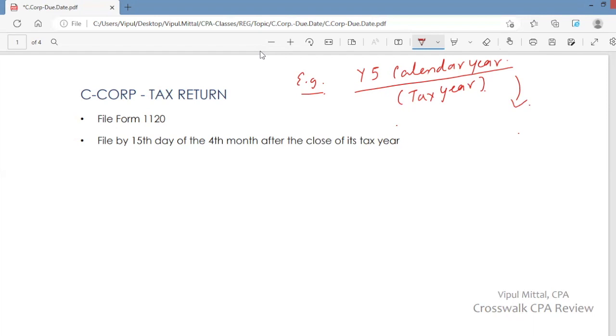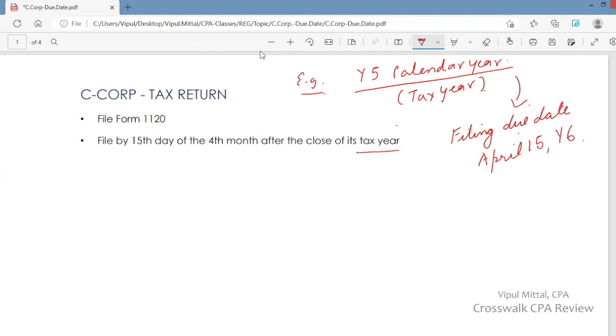Its tax year closes on December 31st, year 5, so the filing due date is April 15th, year 6.